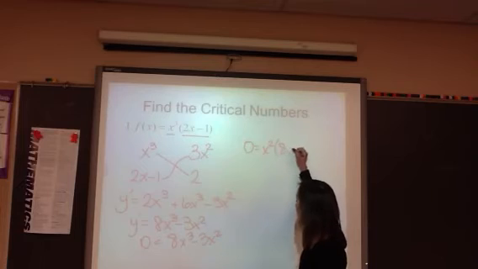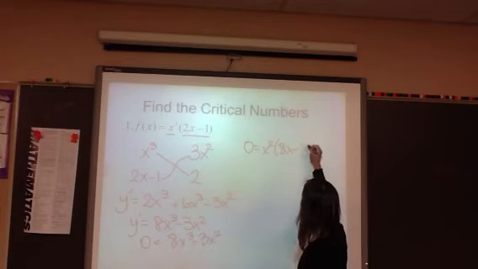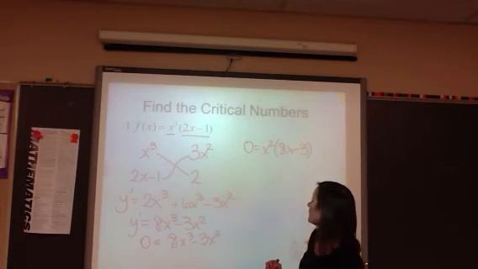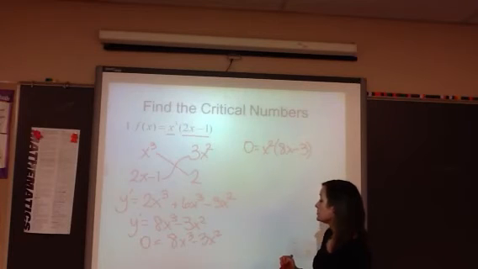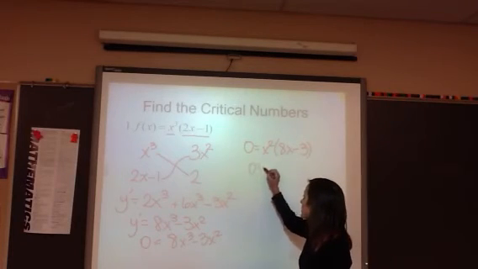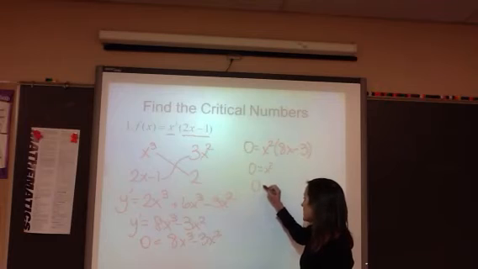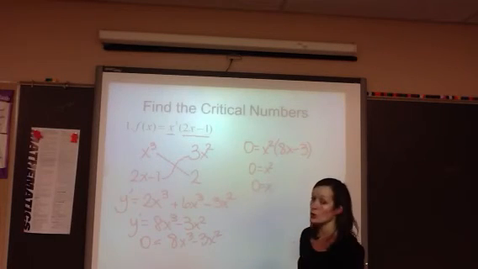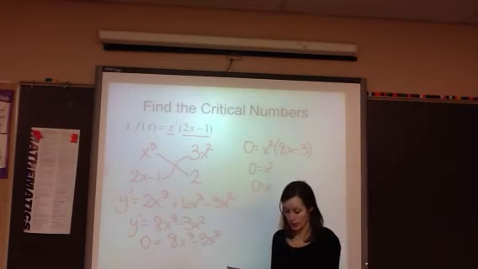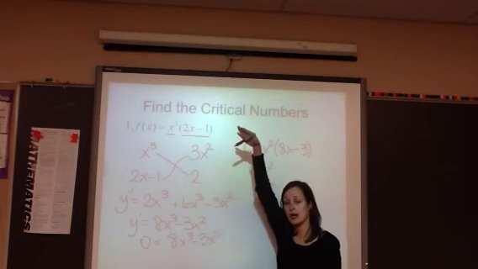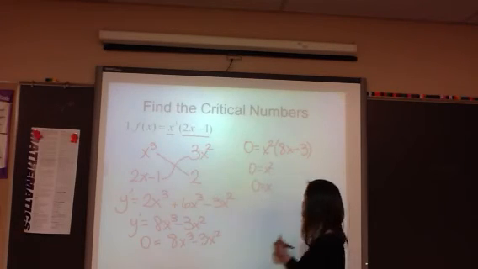And so we get 8x minus 3. And from there, I'm going to set each part equal to 0. So 0 equals x squared. So that gives me at 0, we have a horizontal tangent. So we either have a high point at x equals 0 or a low point.